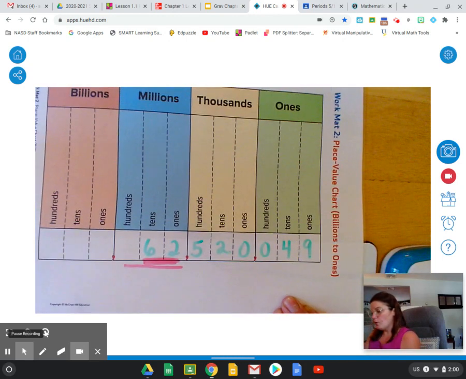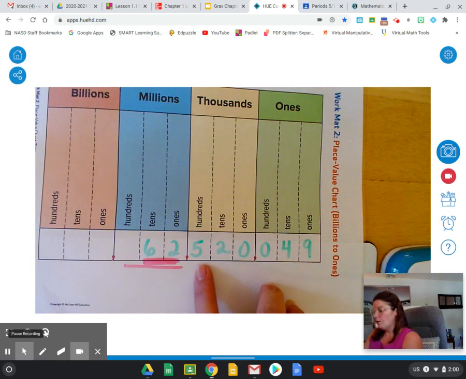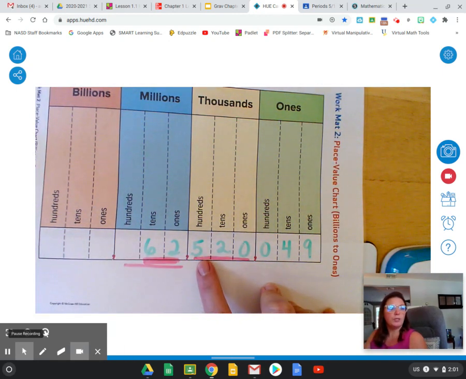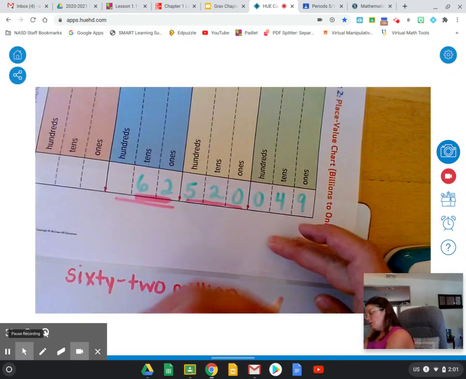Now I want to move on to the next period. Right here, I see a 3-digit number. Let's read the 3-digit number. 520. So I would write out 520.